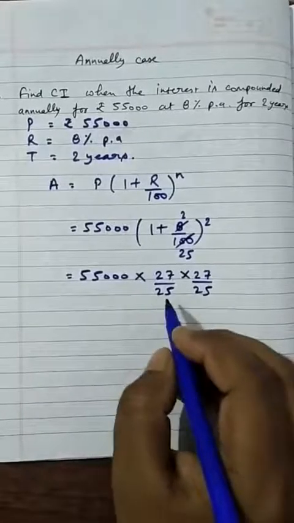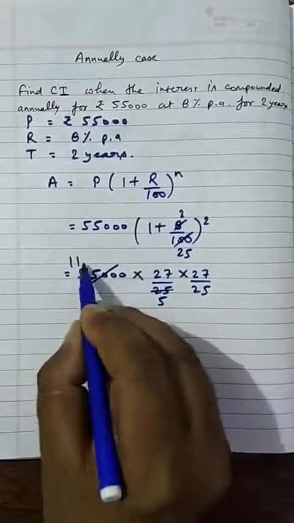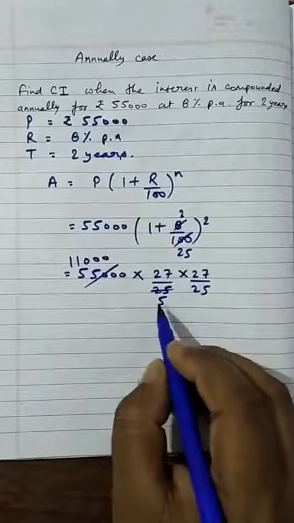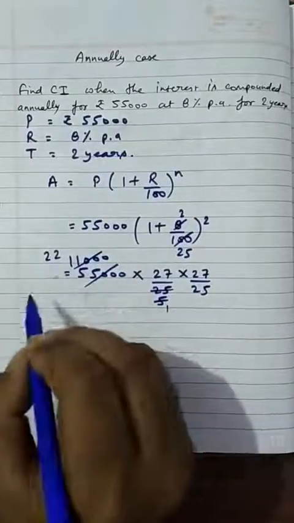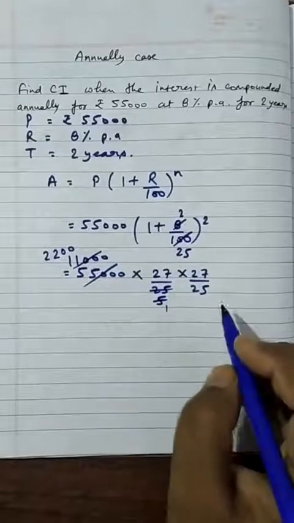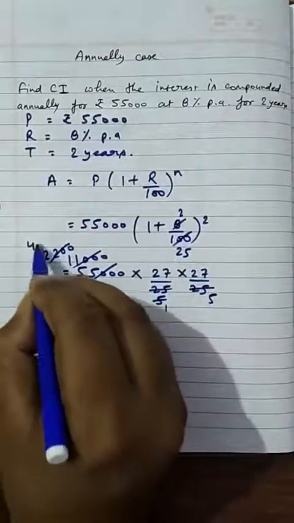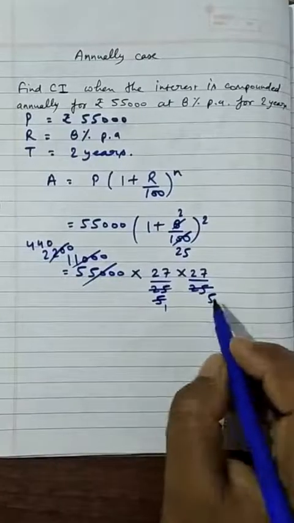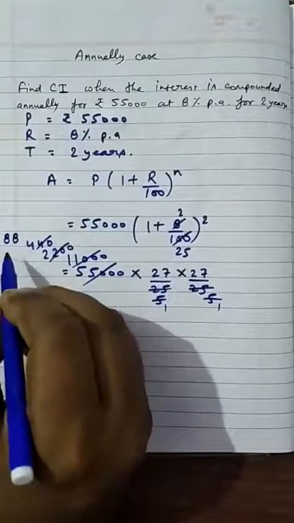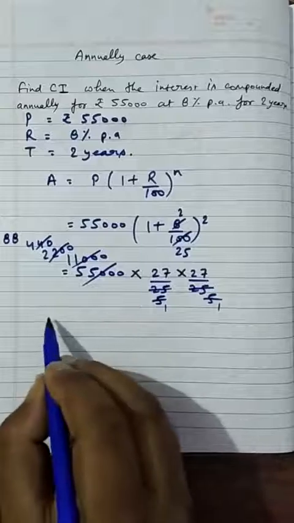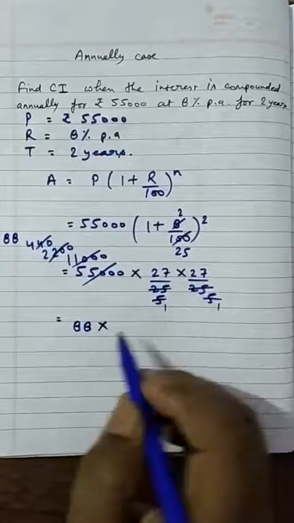Now we'll calculate this. 55,000 divided by 25 times 25 gives 88 after cancelling, so 88,000 upon 625 becomes 88 into 27 squared. 88 multiplied by the square of 27, which is 729.